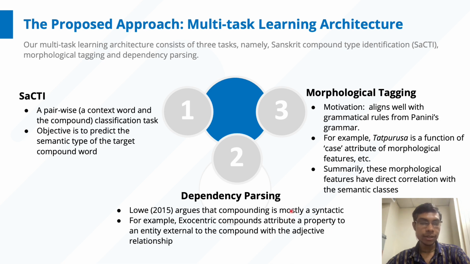We investigated this, and in our empirical investigation we found that this indeed helps. Morphological information has a direct correlation with the semantic classes, so this also helped in our empirical investigation. These are the two auxiliary tasks of our multitask learning architecture.